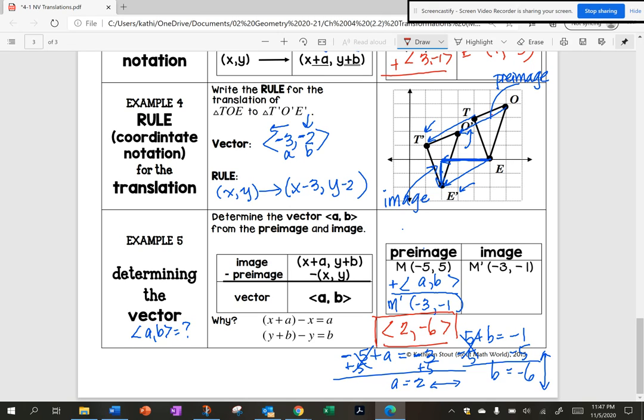And if I want to check, I can just substitute that back. So if I say -5 plus 2, I get -3, and 5 plus -6, I get -1. So I've checked. Okay, that's it.